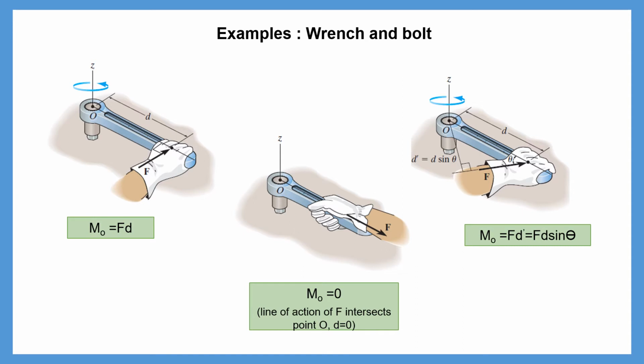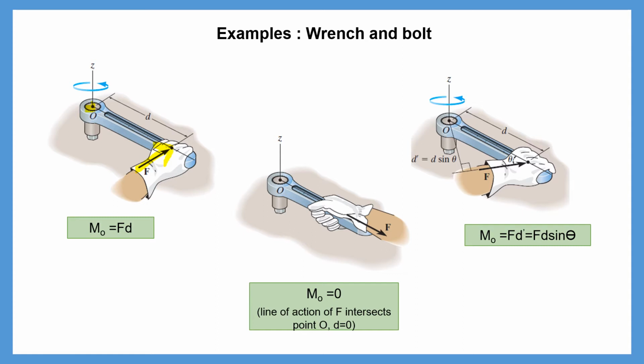Wrench and bolt system. If we apply a force F to the handle of the wrench, it will tend to turn the bolt about point O, and it will rotate it in Z direction.